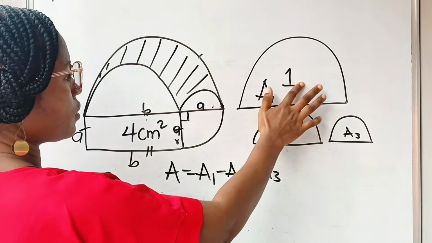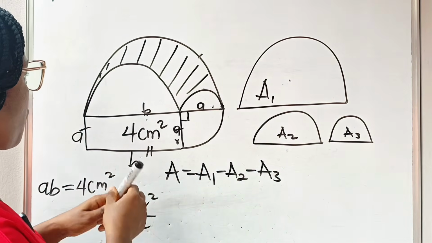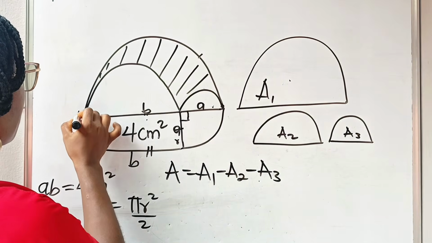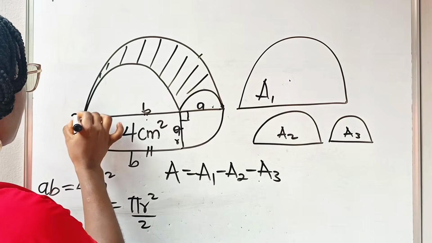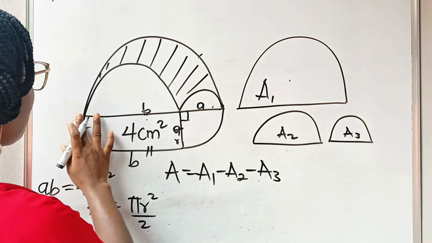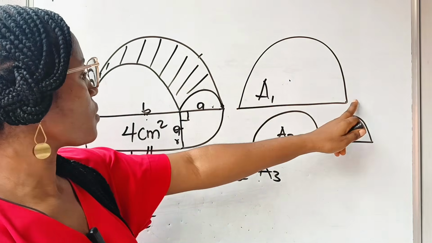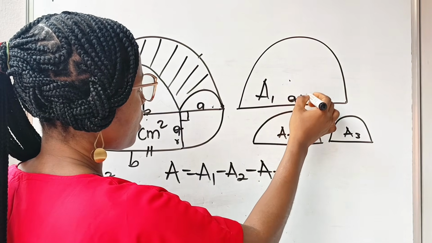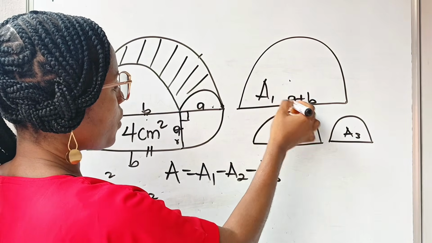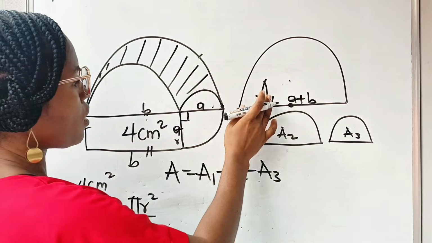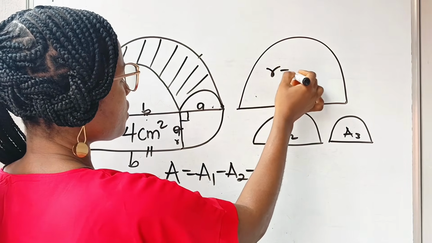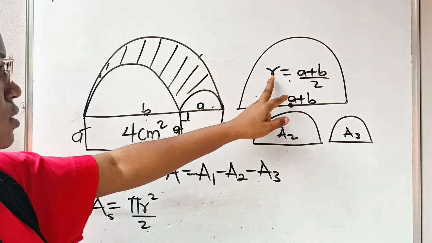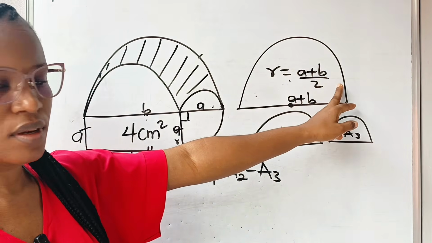So for A1, remember that the whole diameter from here to here, since from here to here is B, from here to here is A plus B. It means that the radius should be half of A plus B. So for A1, the radius is A plus B divided by 2. That is the radius of the big semicircle.